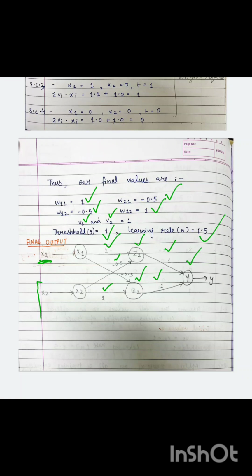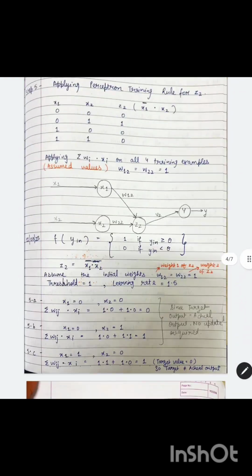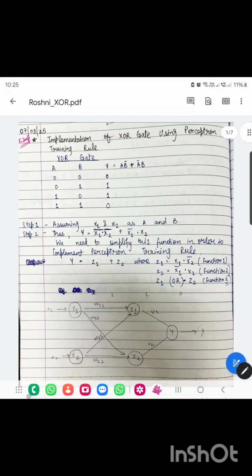So I am just briefing up all of it again in one go, that we are given a perceptron training rule and we have to adjust the weights if the actual output and the target output do not match. So this was the table which was given for XOR, and these are the inputs A and B, and this is the output, and we have to apply the perceptron training rule for all of these, for which we assume the weights and everything.